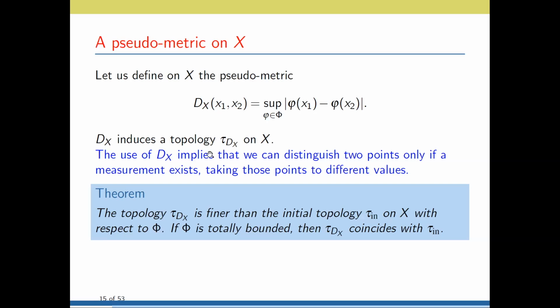The use of dx, this pseudometric, implies that we can distinguish 2 points only if a measurement exists, taking those points to different values. So what is the epistemology under this choice?